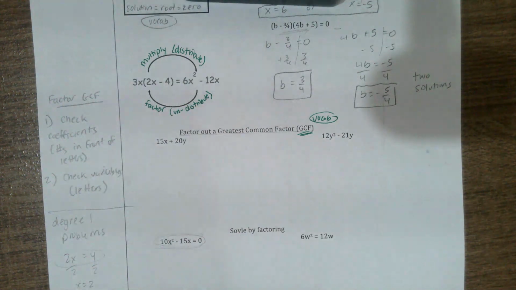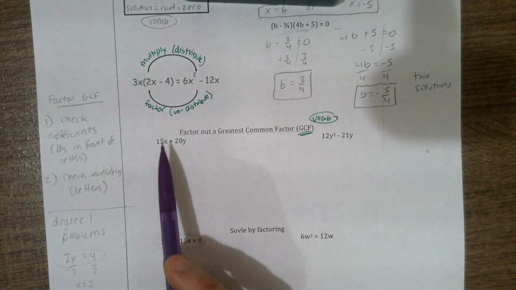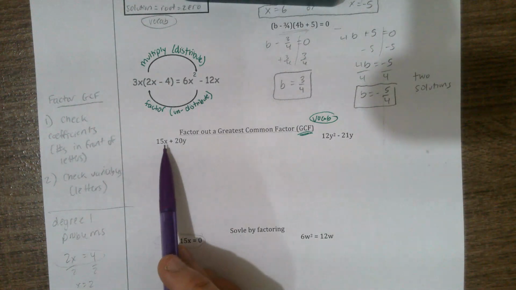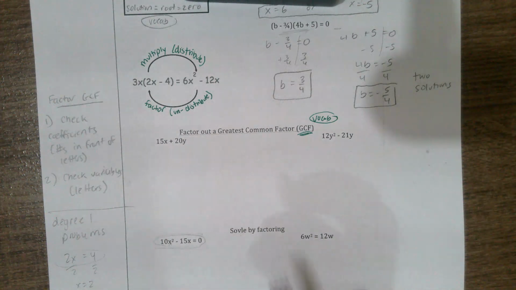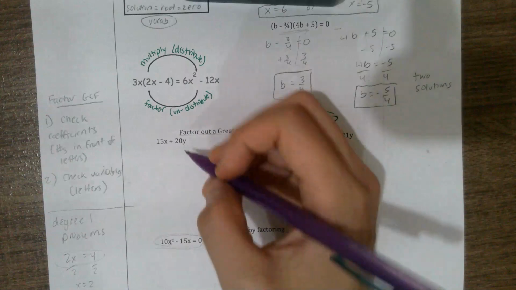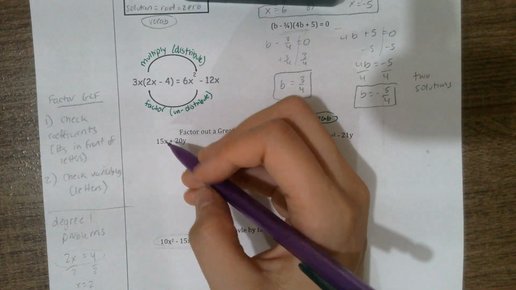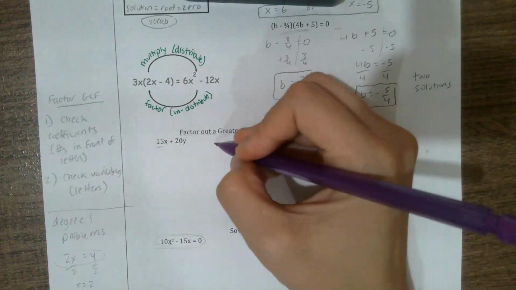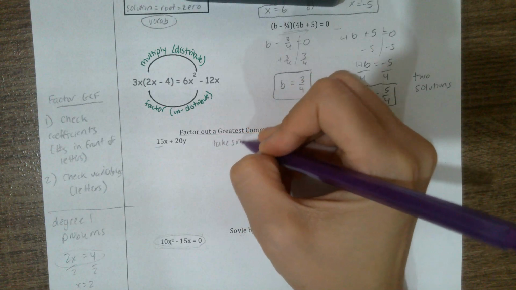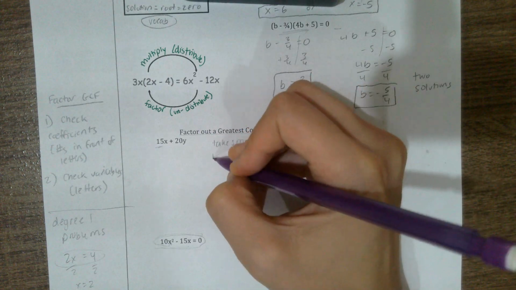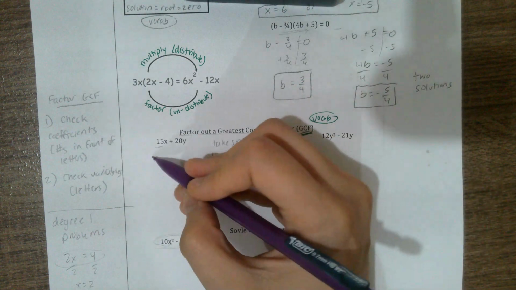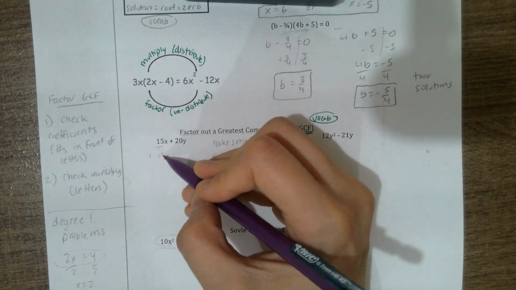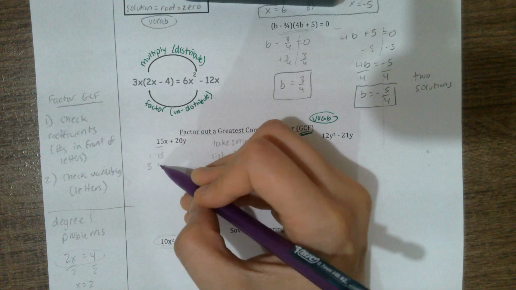Okay, so for this one, we first are going to check the numbers. So we have 15 and 20. I'm going to show you a process for how to do it, but then eventually you can just do it in your head. So we're always going to take the smaller, right? So take smaller, list factors. So 15 can either be 1 and 15, and 3 and 5.